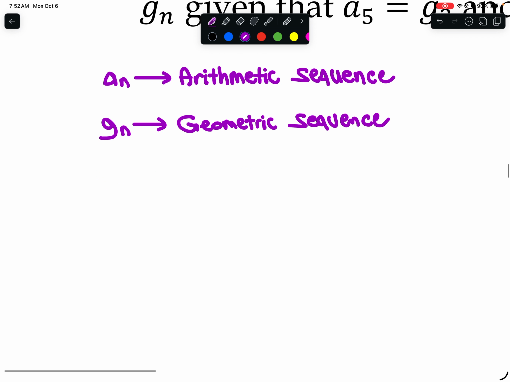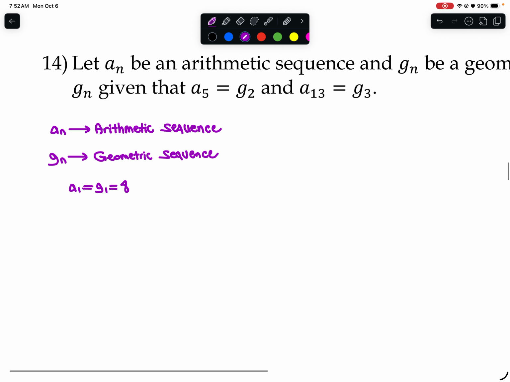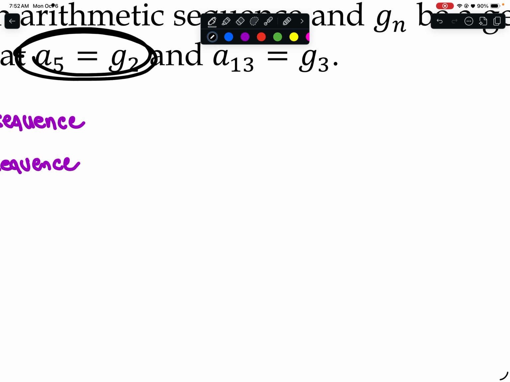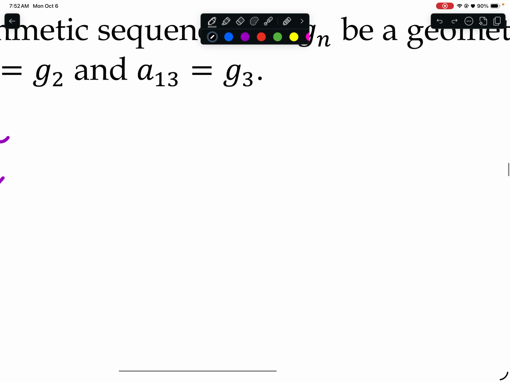We also know, based on the information, that the value of the first term of both of these sequences is going to be 8. Now my next setup is based on the given terms that they say are equal. So I know that the value of the fifth term of my arithmetic sequence is equal to the second term of my geometric sequence.